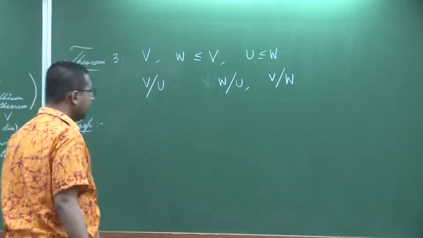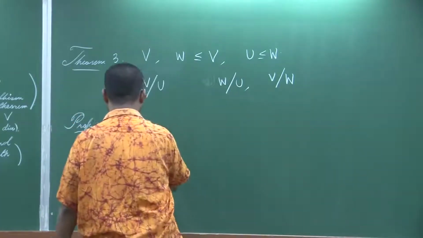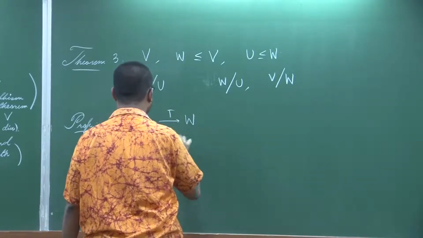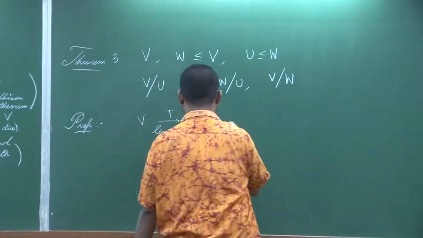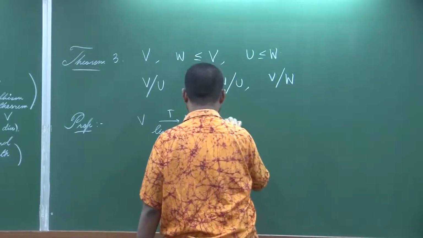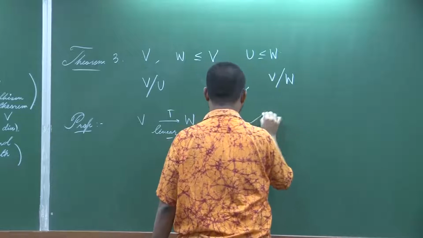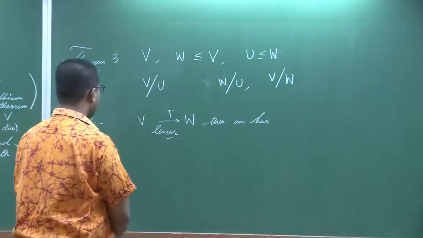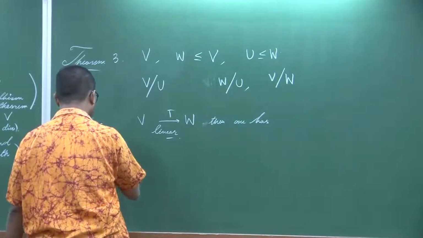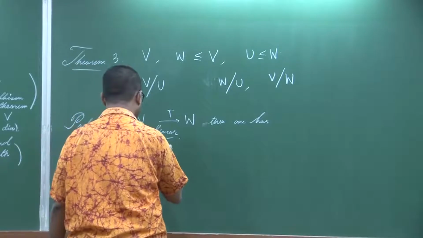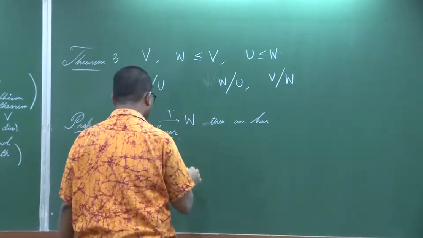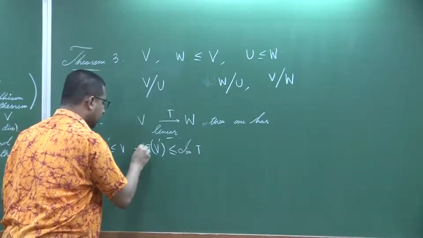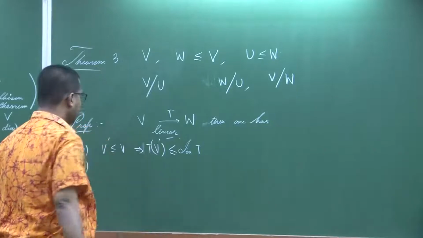So, there is this more fundamental fact. If T from V to W is a linear map, then one has the following. If V prime is a subspace of V, then T of V prime is a subspace of the image of T. The verification is a routine one, hence I am leaving that to you.